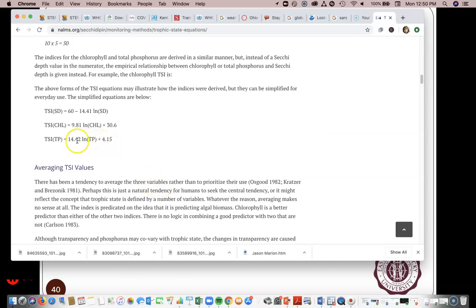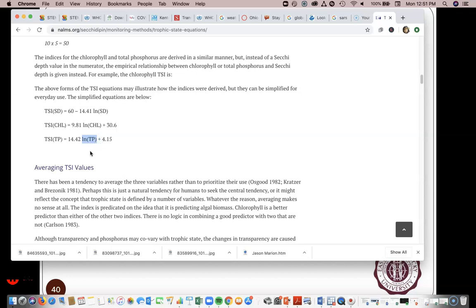So you need to do this formula to get the trophic state index for total phosphorus: 14.42 times the natural log of that total phosphorus value in micrograms per liter, plus 4.15. Order of mathematical operations matters a lot, so you probably want to figure this number out before you try to plug it into the formula.